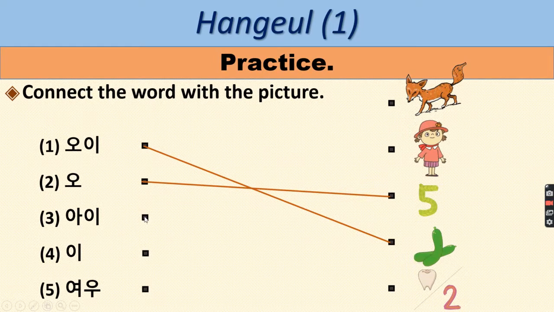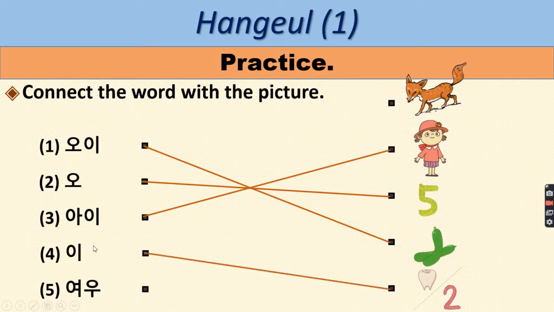I, alright, I should go with, very good, child. Next, e, number 4, net here, e should go with, alright, it should go with number 2 or the tooth.